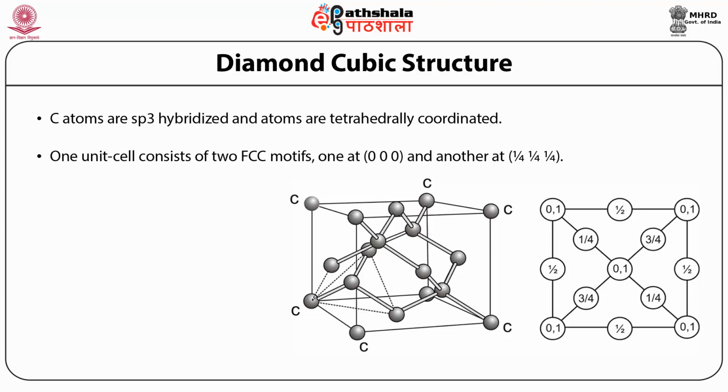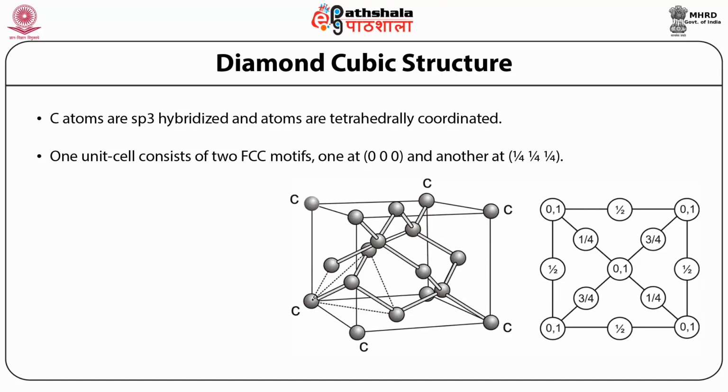You can see this in the figure on the right hand side. What it means is that there are 2 FCC unit cells of C intermingled into each other, with the origin of one at 000 and another at 1/4, 1/4, 1/4.